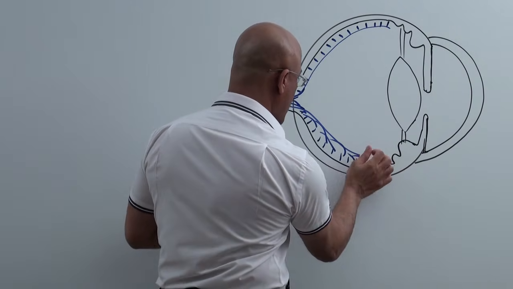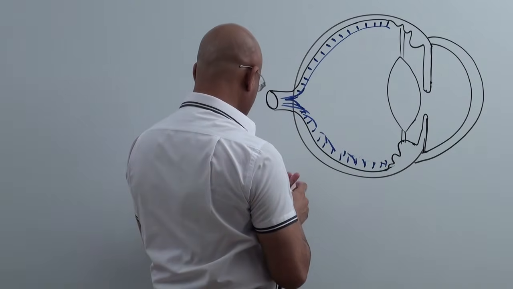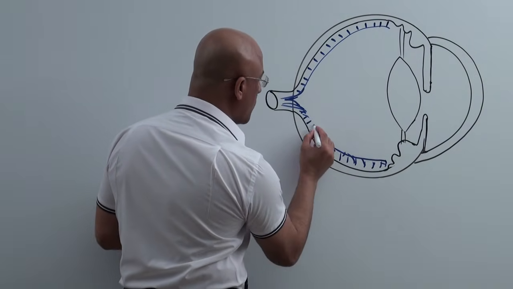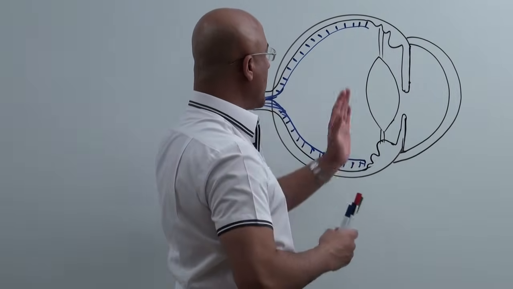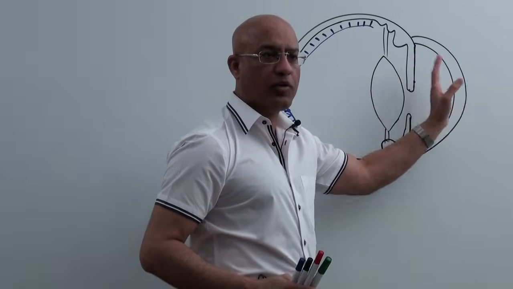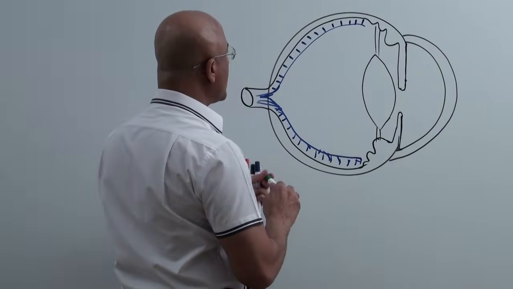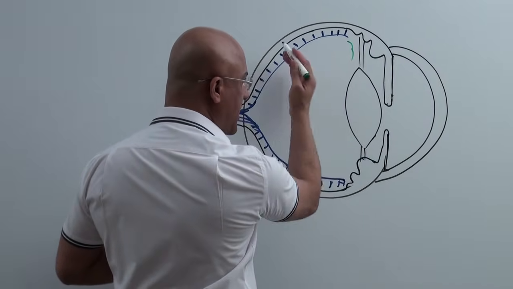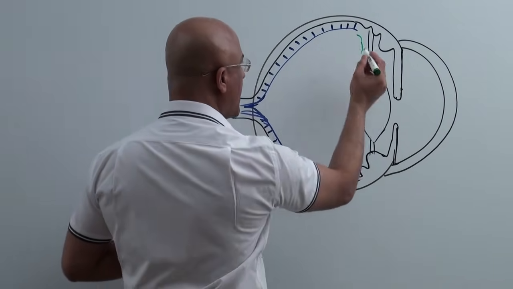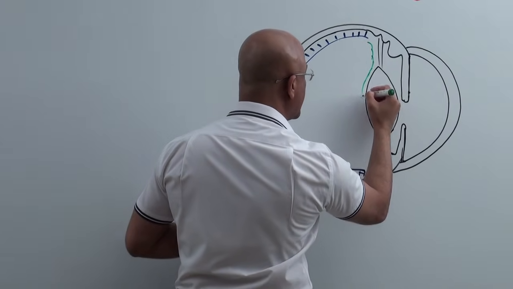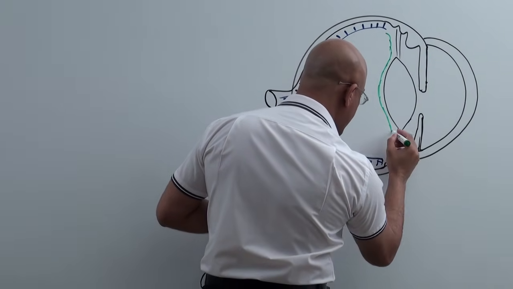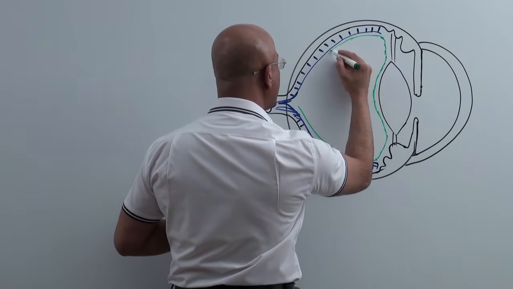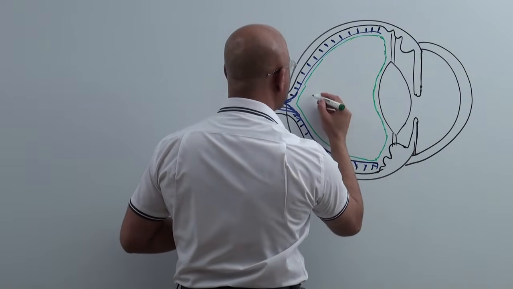Now, we'll talk about the intraocular fluid system. There are two fluids in the eye. One is behind the lens and the other is in front of the lens. Behind the lens and suspensory ligament and in front of the retina, there is a gelatinous fluid, and this is called vitreous body or vitreous humor.